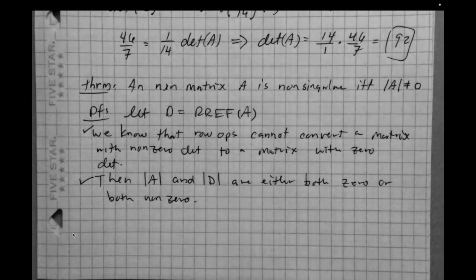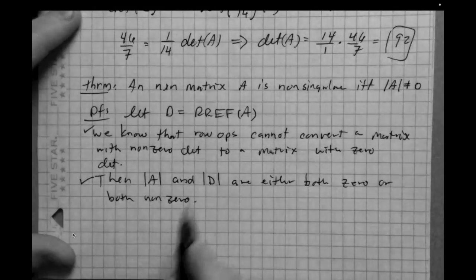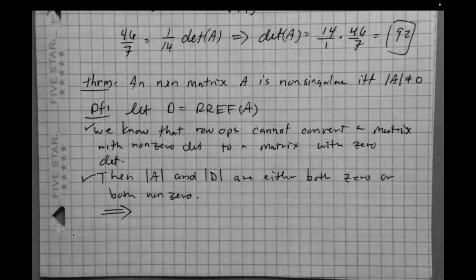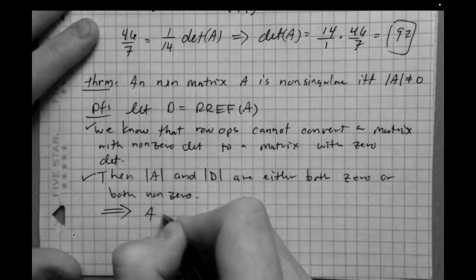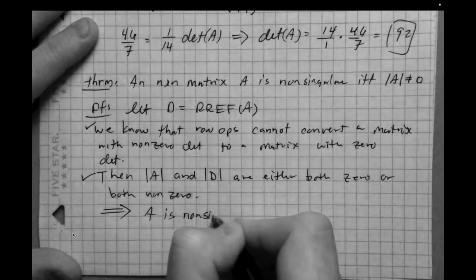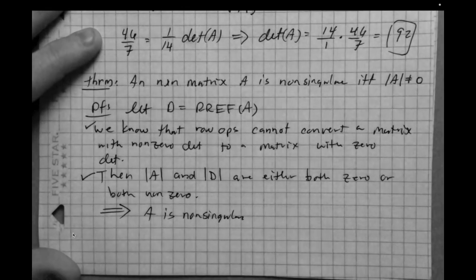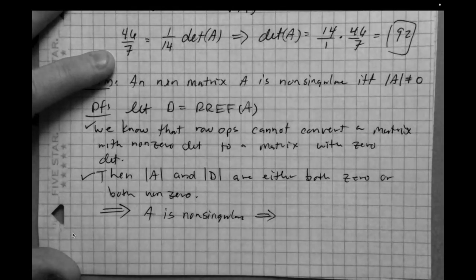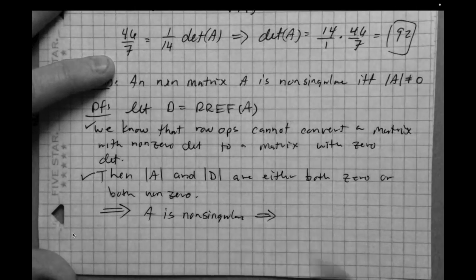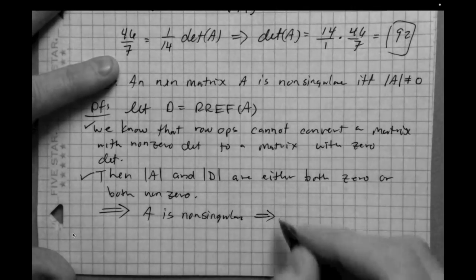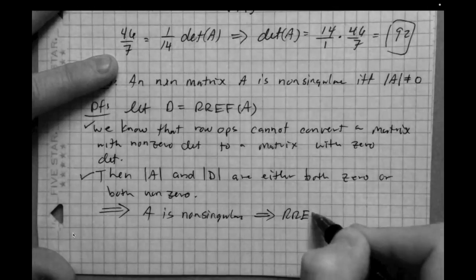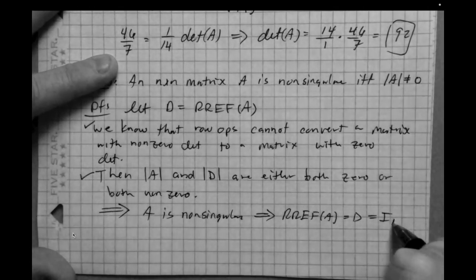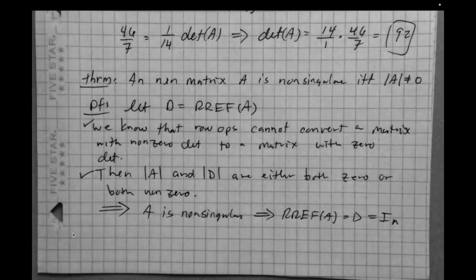Right, so let's go the one way first. If A is non-singular, then we saw previously that non-singular matrices are row equivalent to the identity matrix, right? So that means the reduced row echelon form of A, which is what we call D, is equal to the identity matrix.